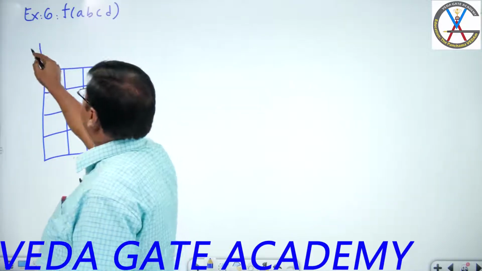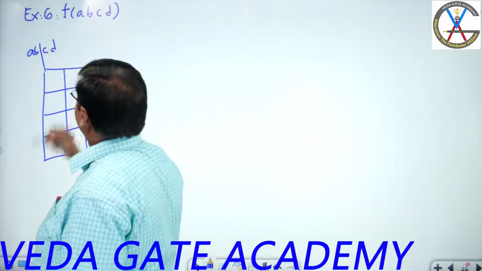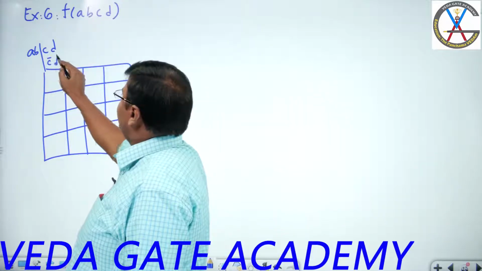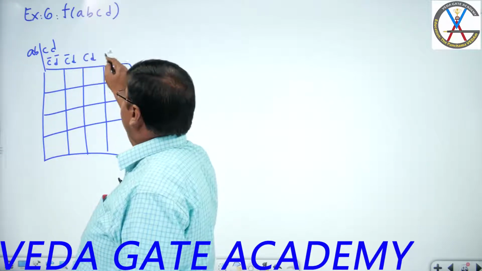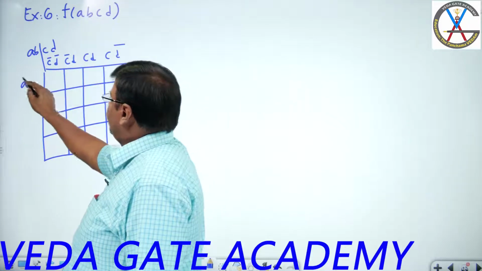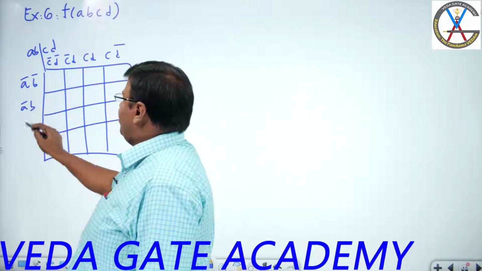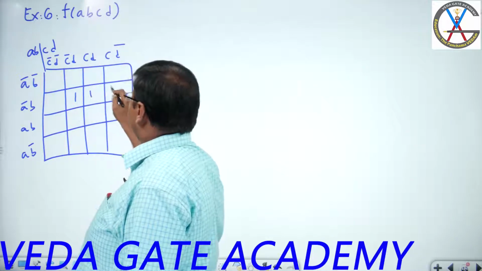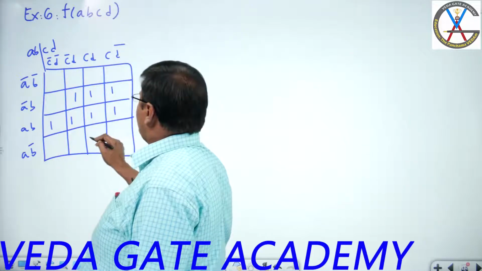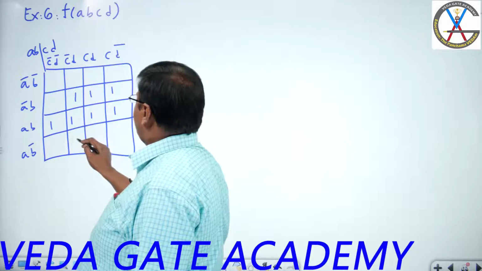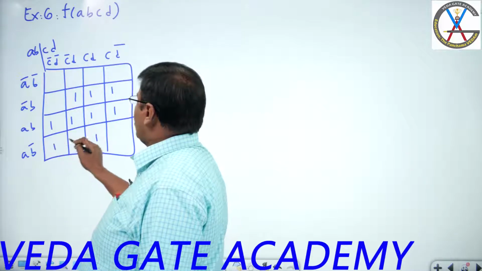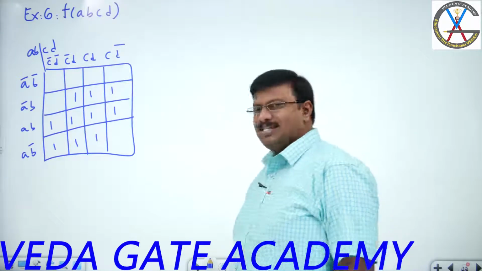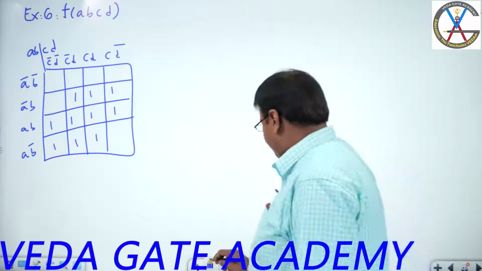Check out: C bar D bar, C bar D, CD, CD bar, and A bar B bar, A bar B, AB, AB bar. The map is like this. Yes, this is how the map is. From this, let us find the implicants, primes and essential primes.